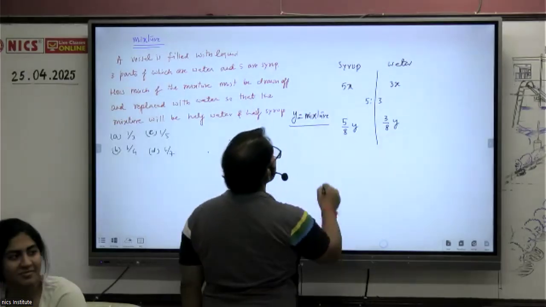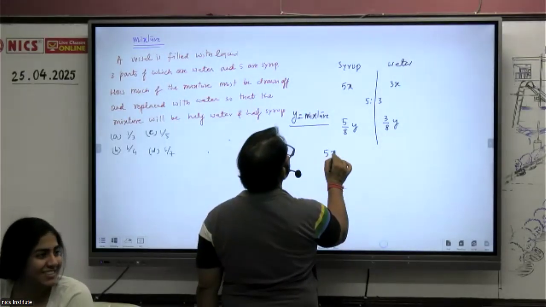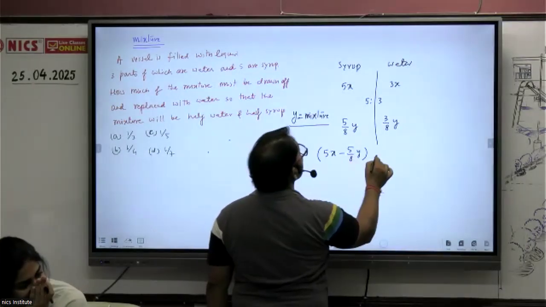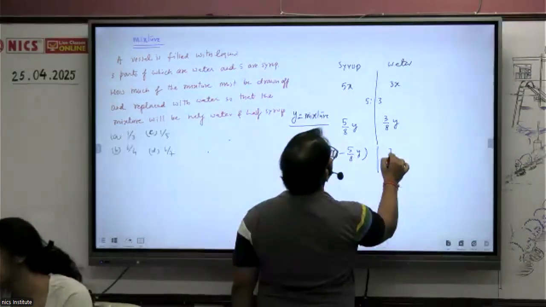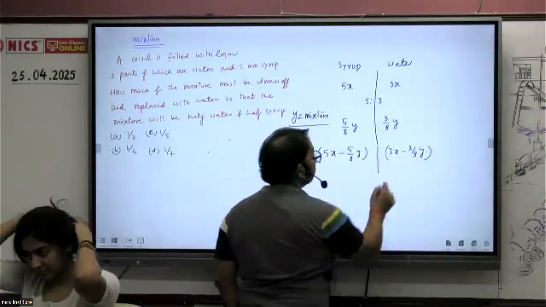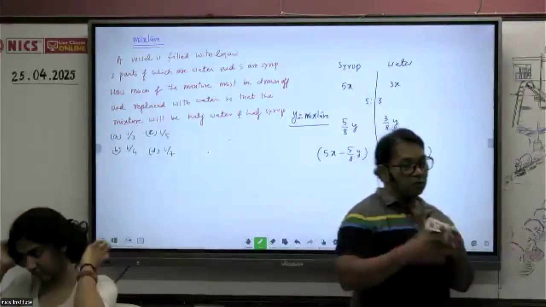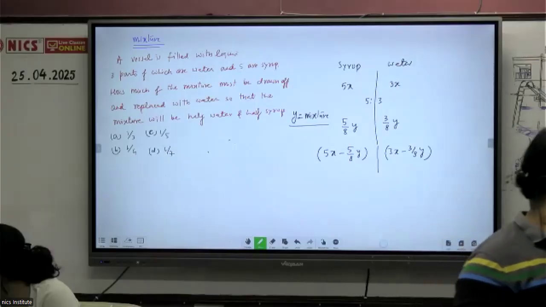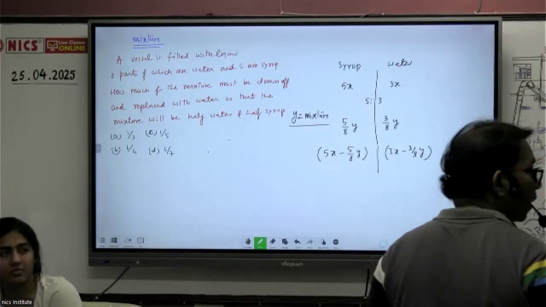So now how much pure syrup is there? 5x minus 5/8 y. And how much is water? 3x minus 3/8 of y. This is after you have taken out y amount of mixture.